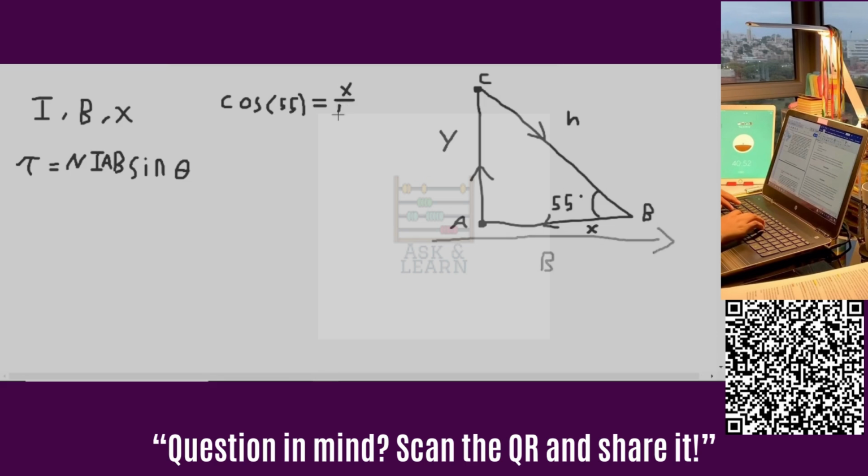We know what x is, so we can find h by multiplying both sides by h, and then dividing both sides by cosine 55, in which case we end up with h equal to x divided by cosine of 55.